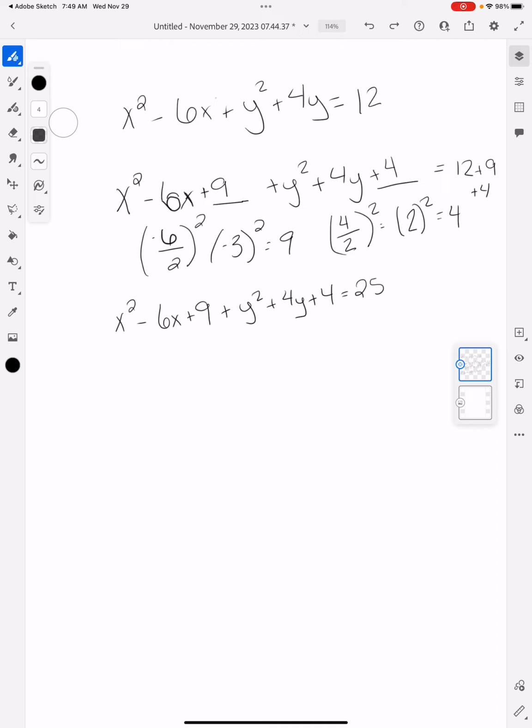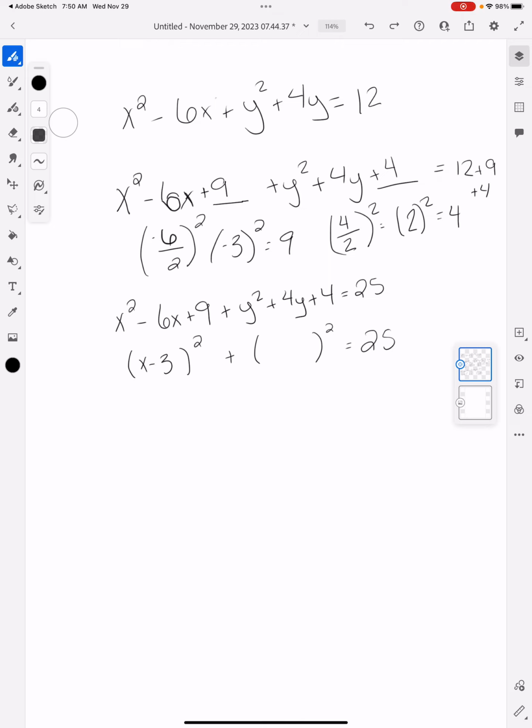Now again, going back to how we complete the square, the whole purpose is so that you get two expressions in parentheses that can factor. So if I have x squared minus 6x plus 9, that's going to factor to x minus 3.